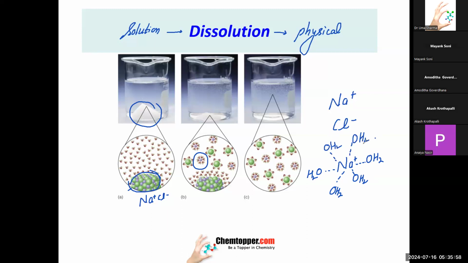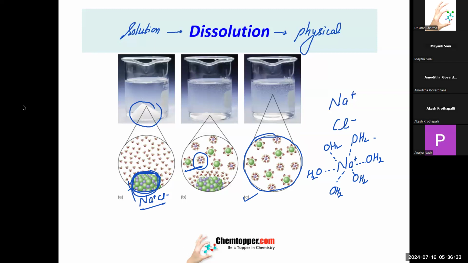This is breaking of the lattice, which is endothermic. Then this is the hydration process in which the solution is made. Can you see how every Na plus and Cl minus is surrounded by water? That is exothermic. So dissolution is a kind of semi-physical change. Some part is chemical change, like NaCl is broken down into ions, but basically it is categorized as physical only.